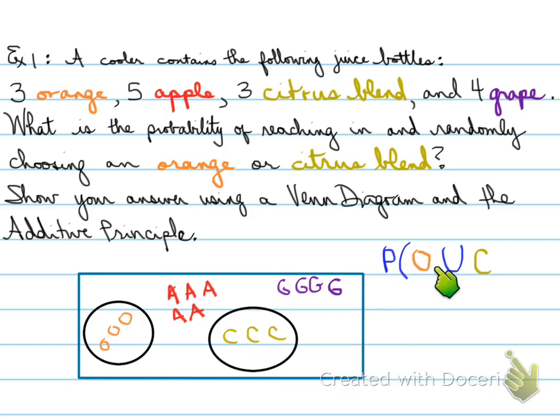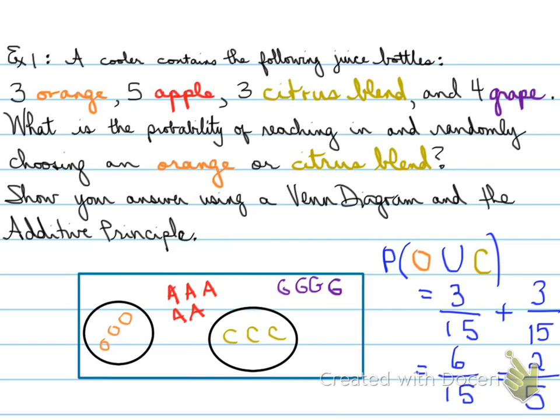So the probability of getting orange or citrus is as follows. Well, we have 3 out of a total of 15 plus 3 out of a total of 15. That is 3 out of 15 to get orange, 3 out of 15 to get citrus, which gives us a total of 6 out of 15, which reduces itself to 2 out of 5.